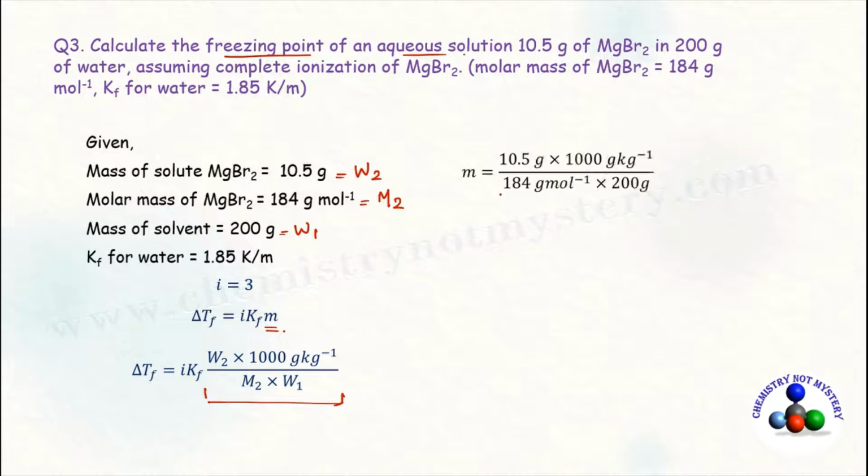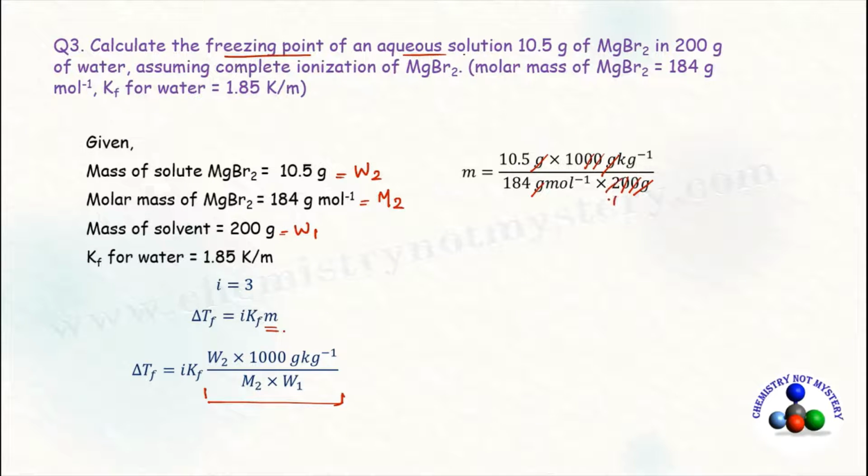So here you will get M will be equal to W2 that is 10.5 grams multiplied by 1000 grams per kg divided by 184 grams per mole multiplied by 200 grams. So here this gram and this gram will get cancelled out. This gram and this gram will get cancelled out. Here we can cancel out these two zeros with these two zeros.